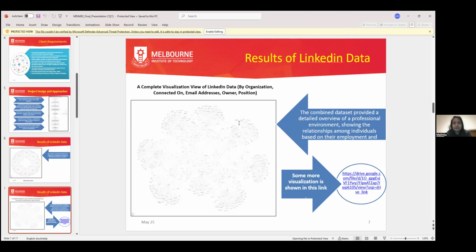We can filter it by organization level, by how people are connected through email addresses, by owner, as well as by position. Moreover, we can see more visualizations by going to the Google Drive link.